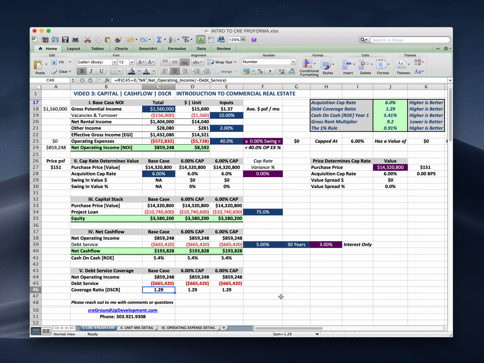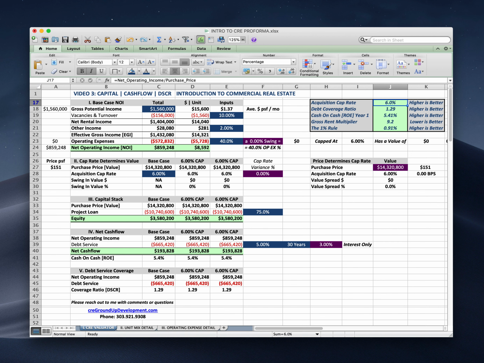So before we leave this video number 3, I want to come up here and revisit the nomenclature and the metrics that go on with analyzing any commercial real estate asset. Up here in the upper right chart, you can see that there's a thing called an acquisition cap rate. We talked about that.